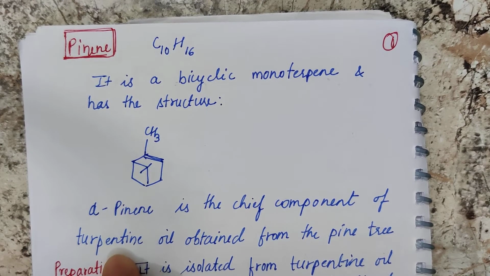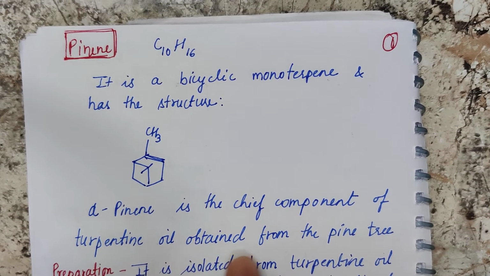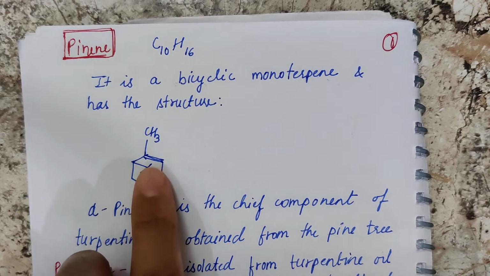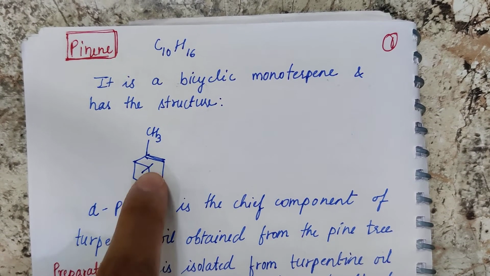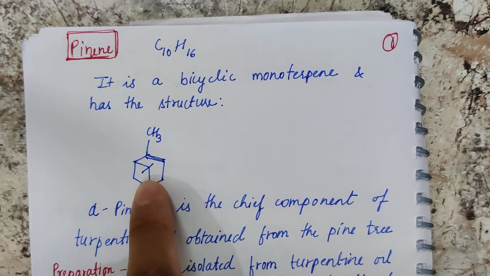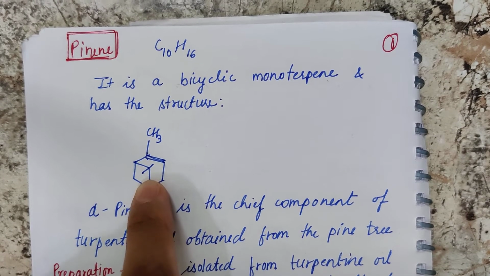of the terpene oil obtained from the pine tree. Now if you look at the structure, it has a double bond, a methyl substituent, and two methyl substituents in the ring.